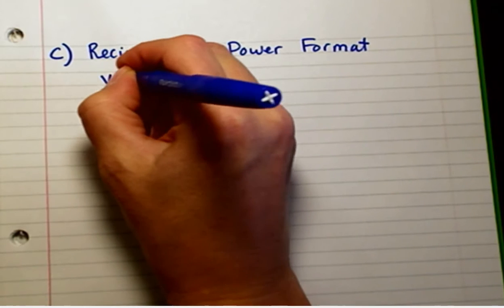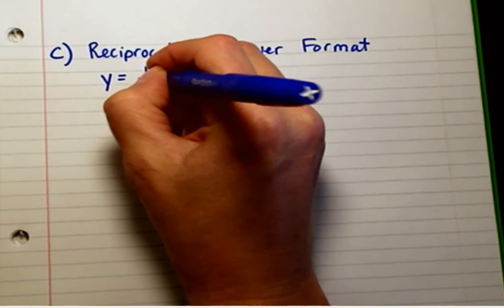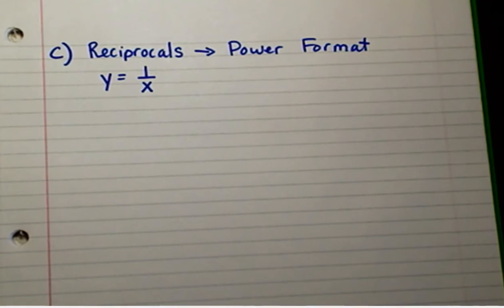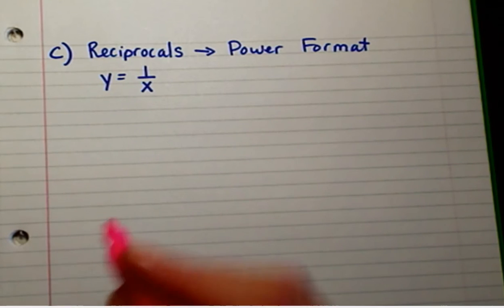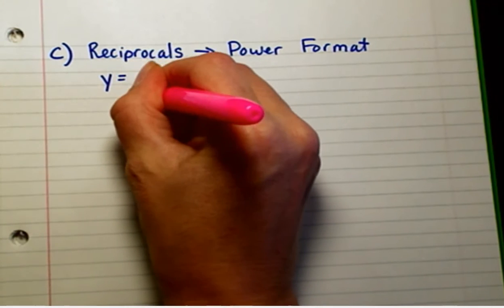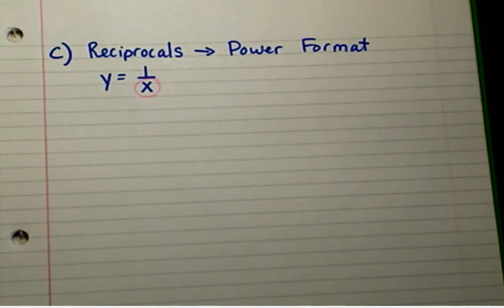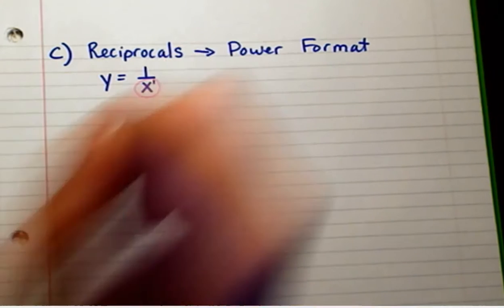So if I have y equals 1 over x, that is not power format. It doesn't look like a polynomial because the x is in the denominator. So what I need to do is take this and it has to move to the numerator. So this is a 1.